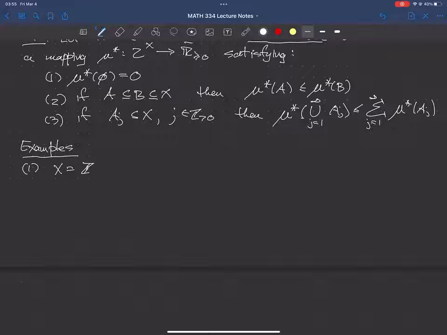Then let's define mu star, which takes a subset of the integers to the extended non-negative reals.